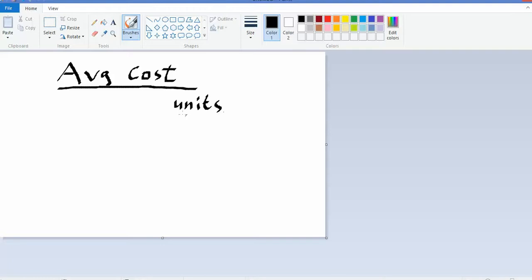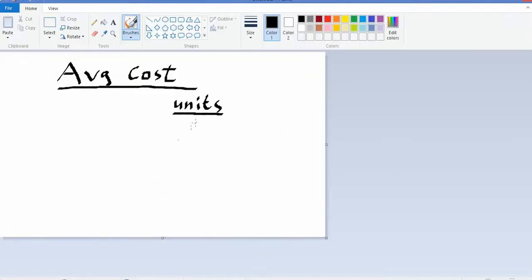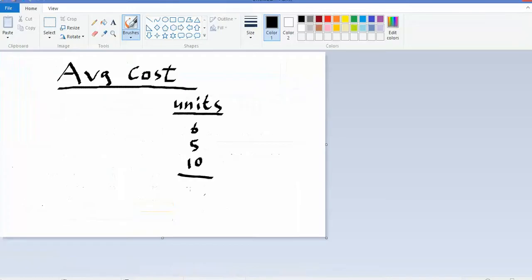This is units that potentially you would have had an opportunity to sell. That's the beginning layer. You could have sold at 6, and you could have sold out of these layers. So let's go 6, 5, 10. See? 6, 5, 10, and this gives us 21.